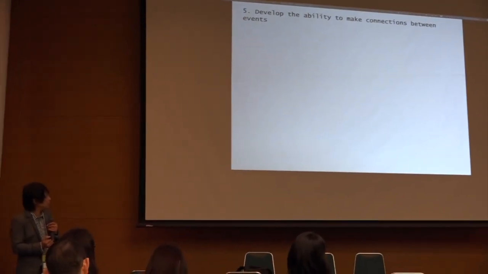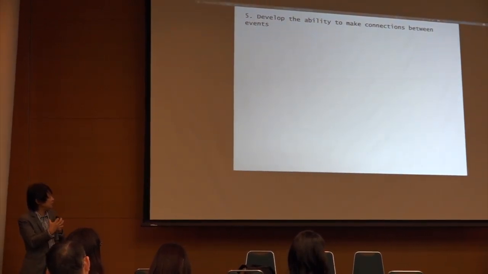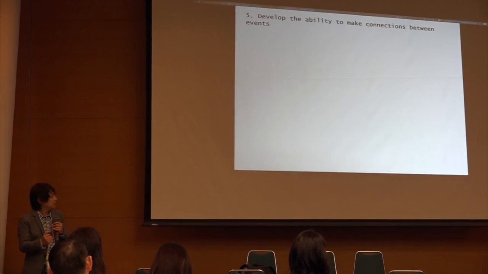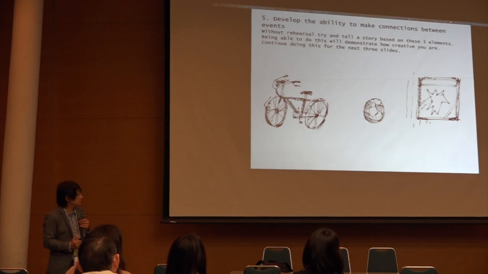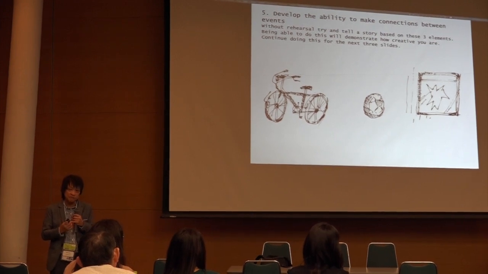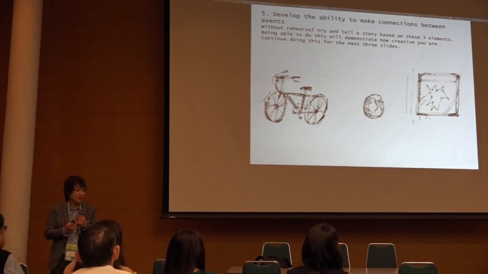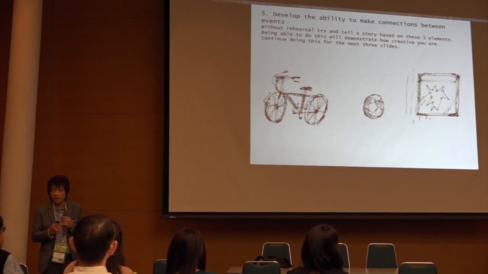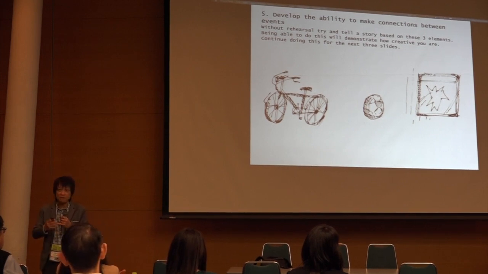Another strategy I like to share with you is to use different images to invite your students to develop relationships in order to form a story. Suppose you give your students these three images and ask them to tell a story. What story could it be? Any idea? A bicycle, a ball, and a broken window. What could have happened? Yes, my friend.